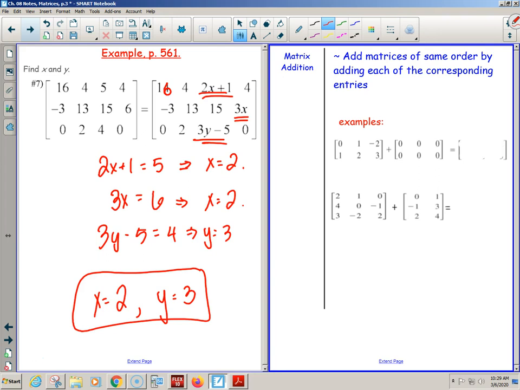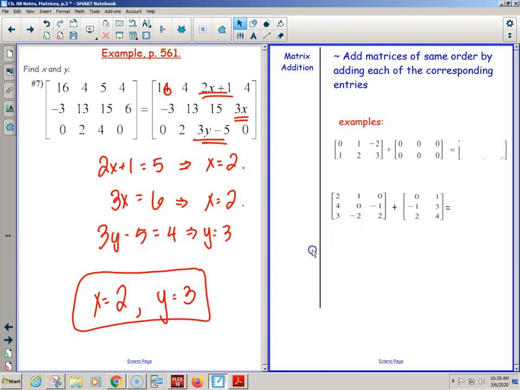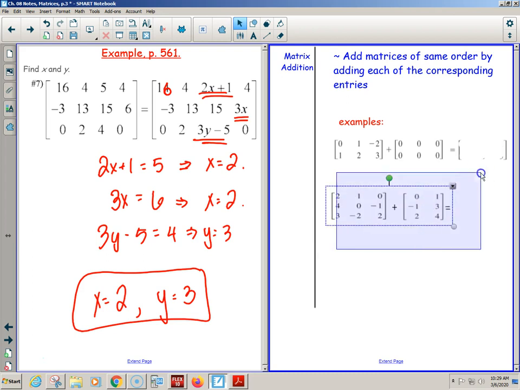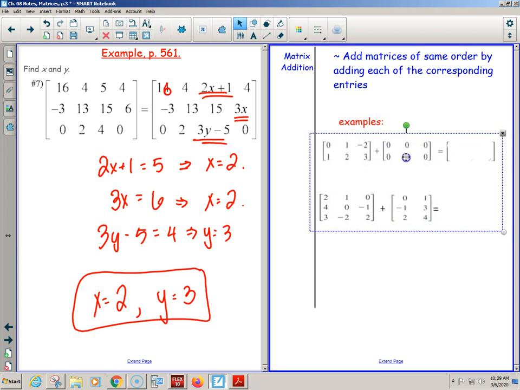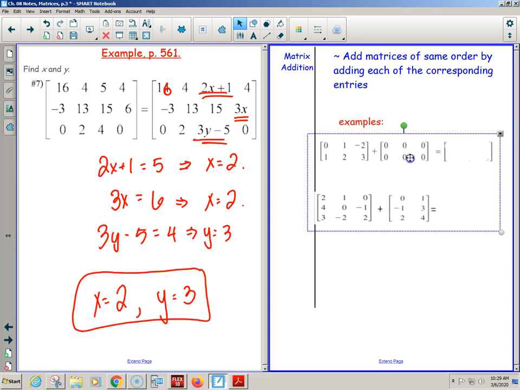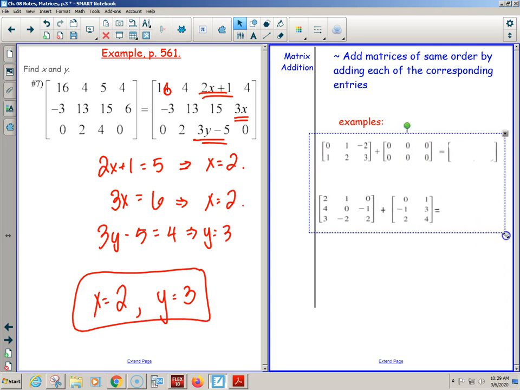So matrix addition. When are you allowed to add or subtract, which subtraction is just addition of the opposite, so it's really addition? When the dimensions match. Why is that so important? How do you add matrices?